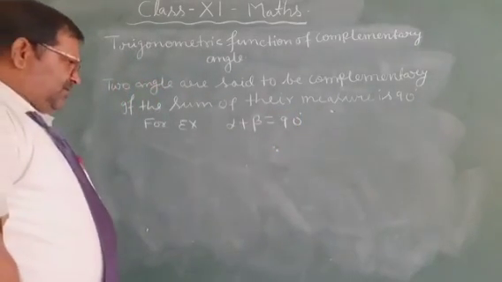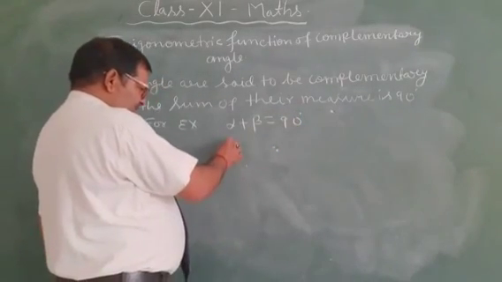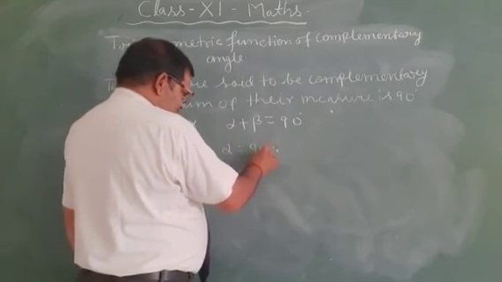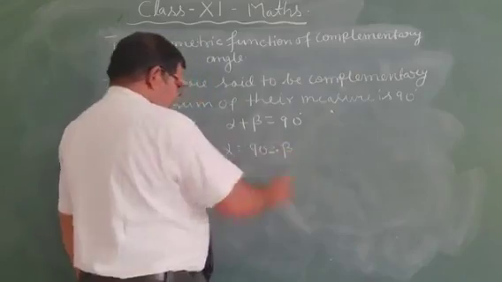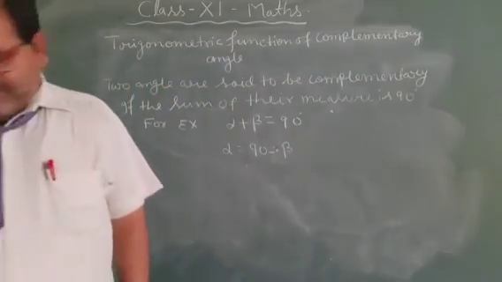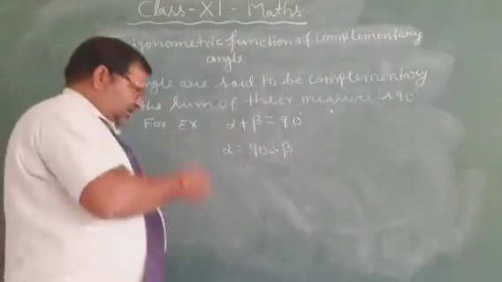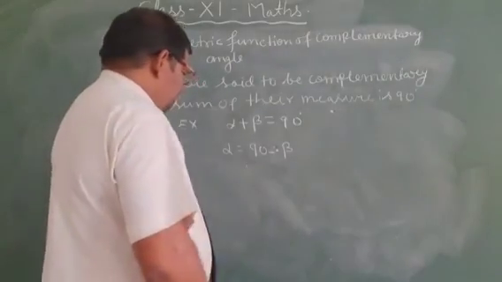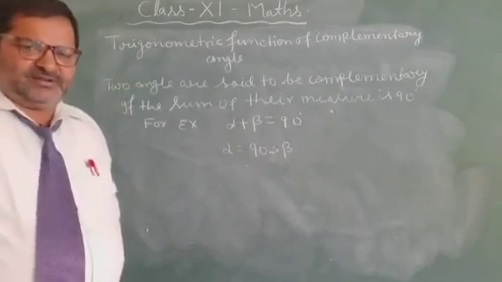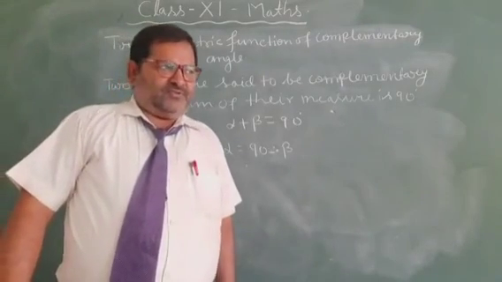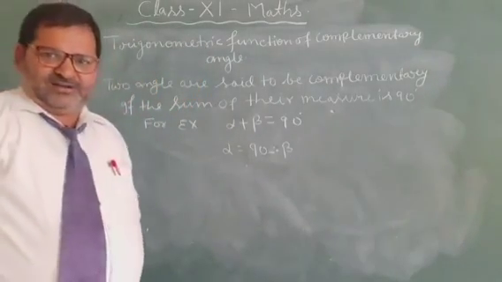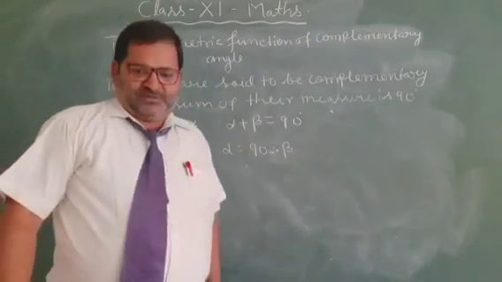So therefore, alpha equal to 90 minus beta. Therefore, one angle is the complement of the other. Clear? Now next we proceed tomorrow. Thank you.